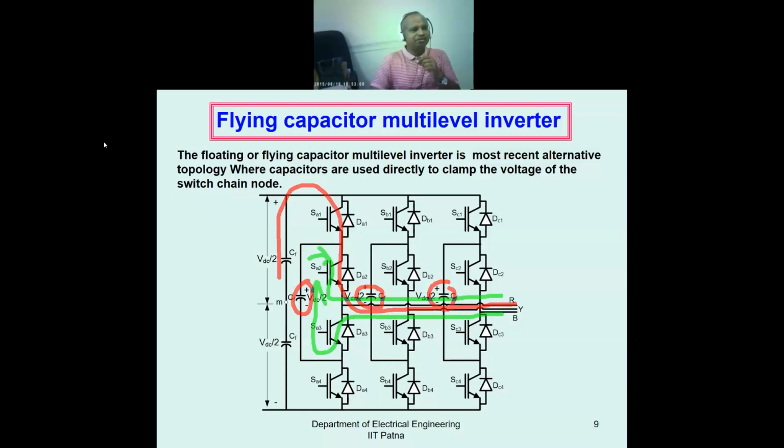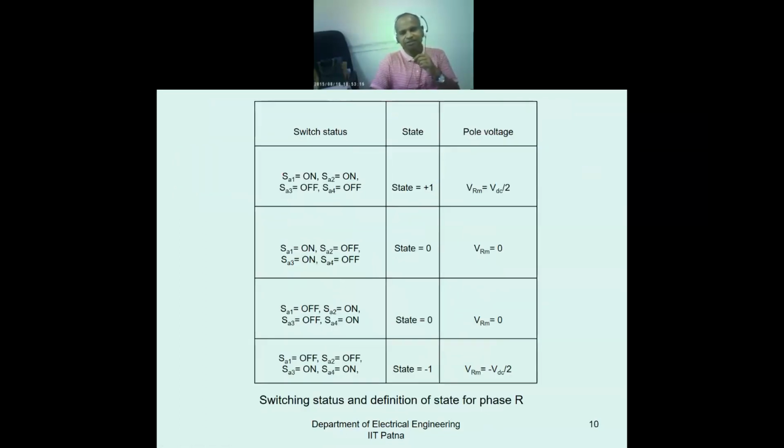This way you can easily control it, with similar control for these 3-level flying capacitors. When S1 and S2 are on, you get VDC by 2, which we have already discussed. And when S3 and S1 are on, because it is clamped to that voltage, it becomes 0.